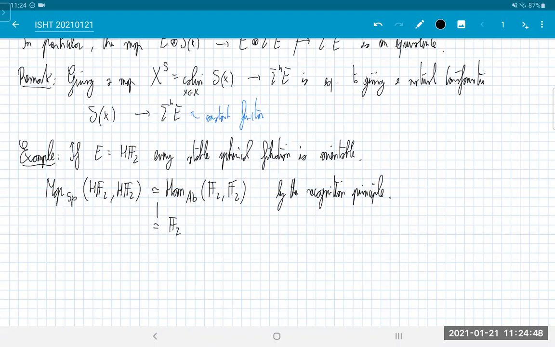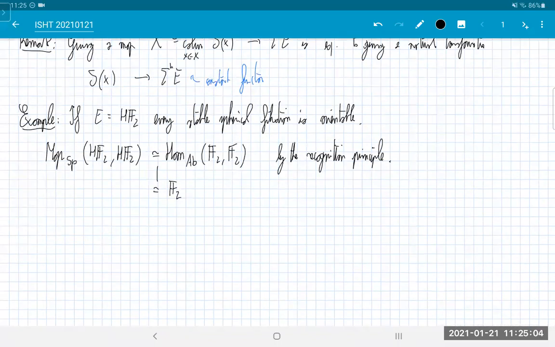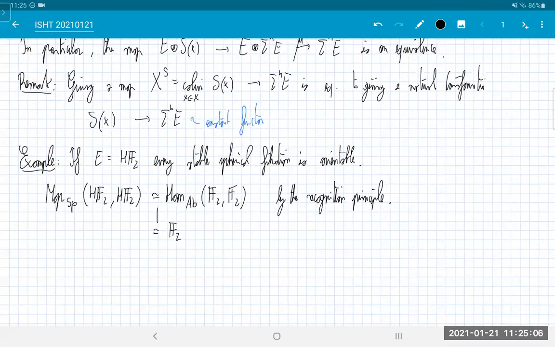That is, we have the zero map and the identity and nothing else. And in fact, this is a discrete space even.